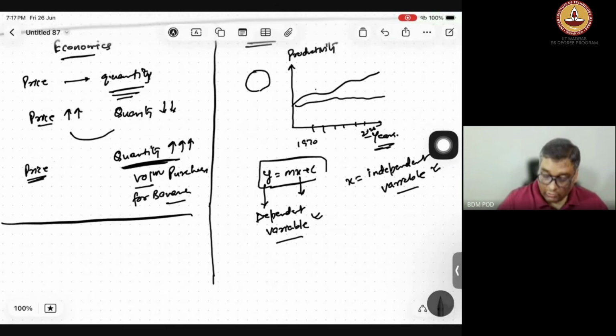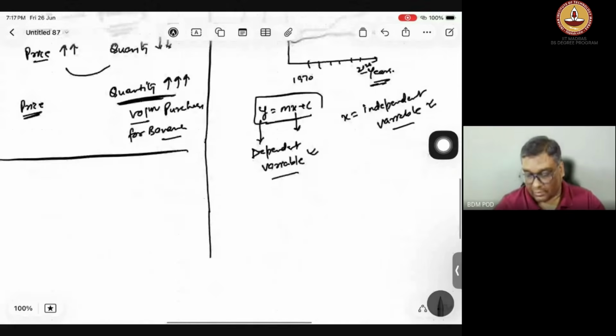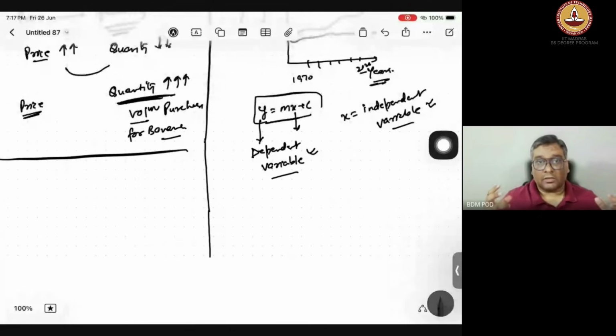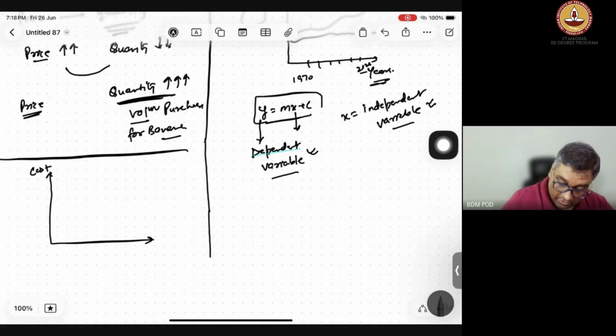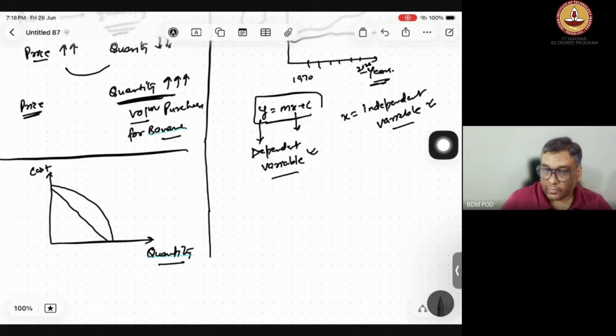So when you study economics, the variables are dependent variables. If you are going to plot it, suppose this is the cost and this is the quantity. The cost is changing and the quantity is also changing. It might be this way or this way or some other way.